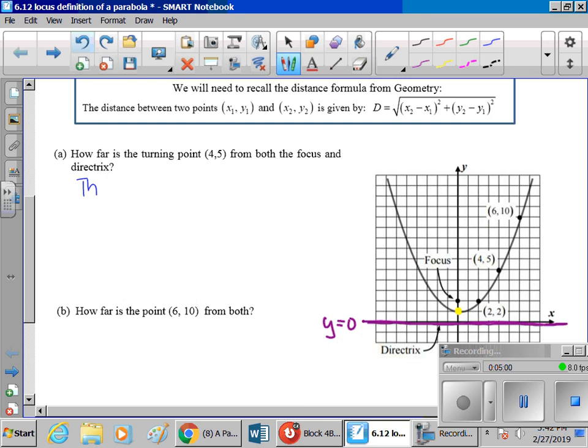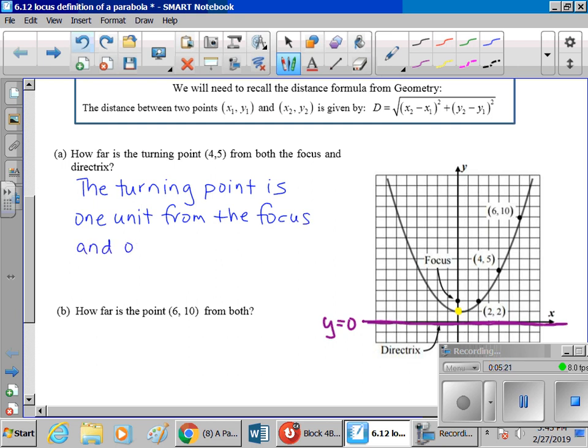The turning point, because that's the word they use, so let's use that. The turning point is 1 unit from the focus and 1 unit from the directrix.